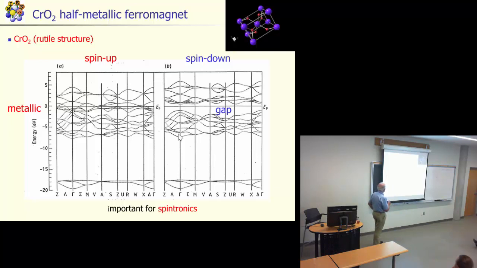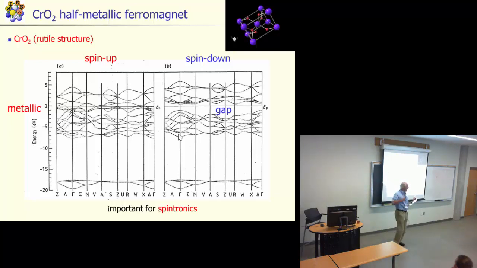If you have chromium dioxide, you have a spin up situation where you have a metal, and for the spin down, you have a gap. So you have an insulator for one spin and a metal for the other, and this is called a half metal. Why is this interesting? Nowadays, if you want to do spintronics, at the Fermi energy you have only one spin occupied.